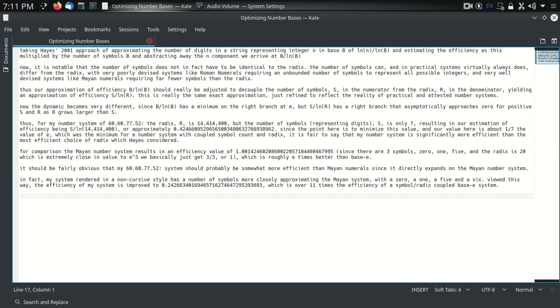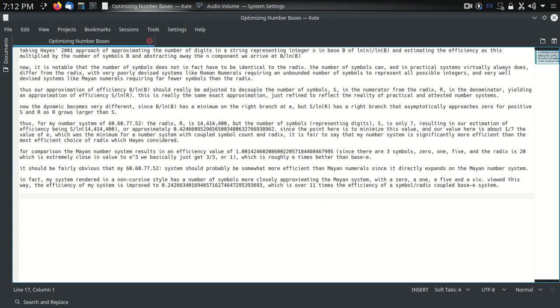Thus, our approximation for efficiency of b on ln b should really be adjusted to decouple the number of symbols, s, in the numerator from the radix r in the denominator, yielding an approximation of efficiency s on ln r.